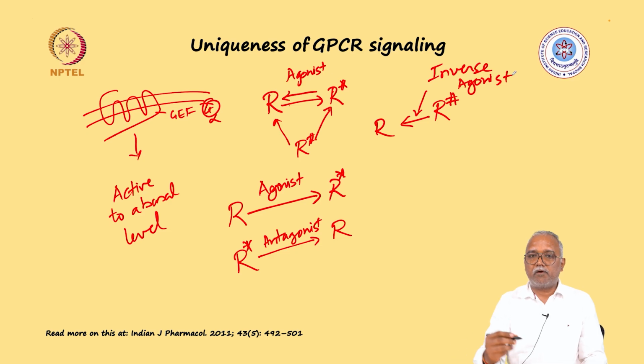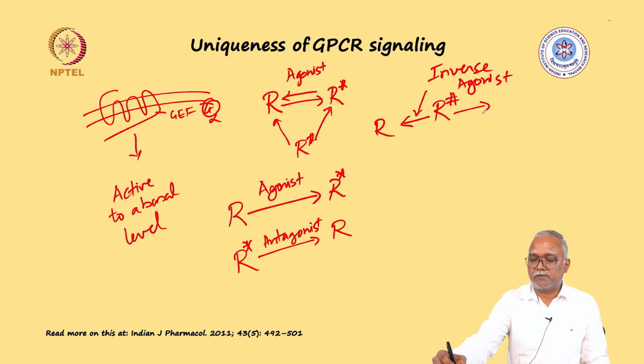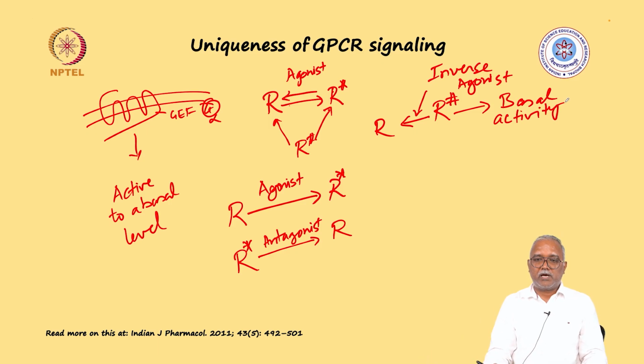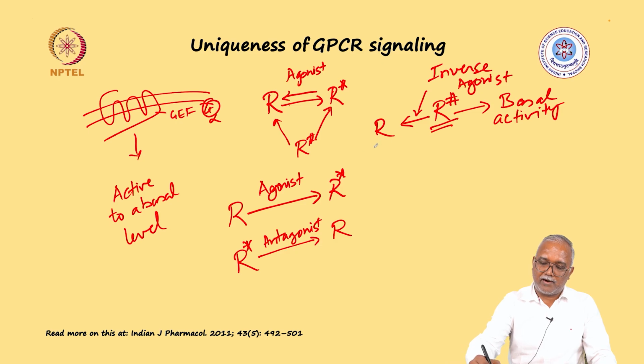Remember, some of these inverse agonist activities will be shown by those receptors which have basal activity in them. Not all GPCRs will have basal activity, so the ones which have basal activity will take this intermediate state to inactive state by the availability or binding of the inverse agonist.